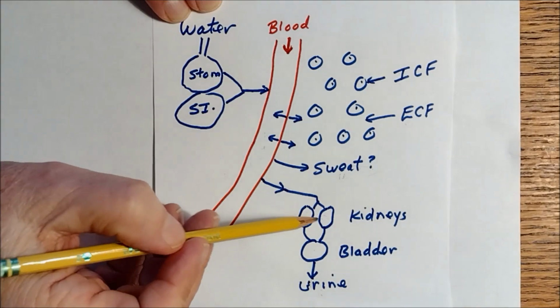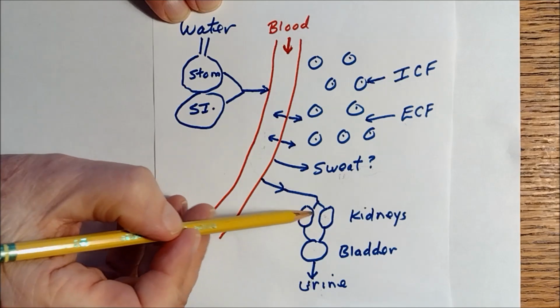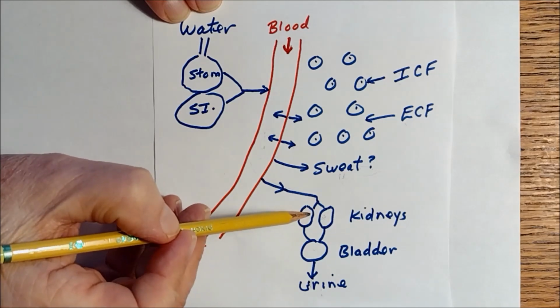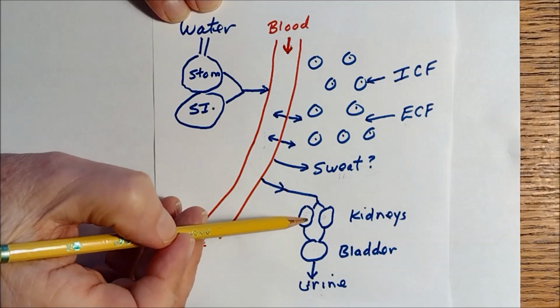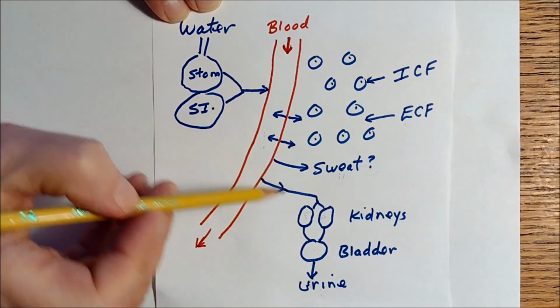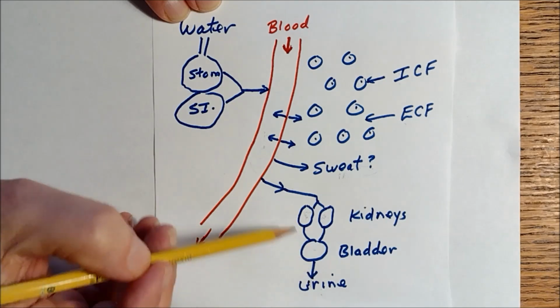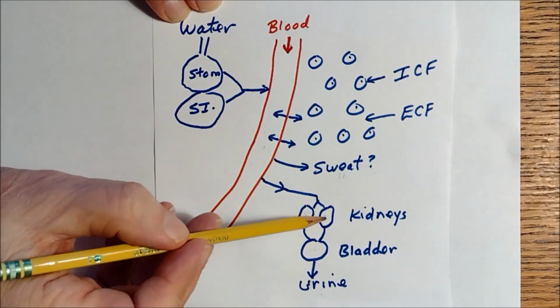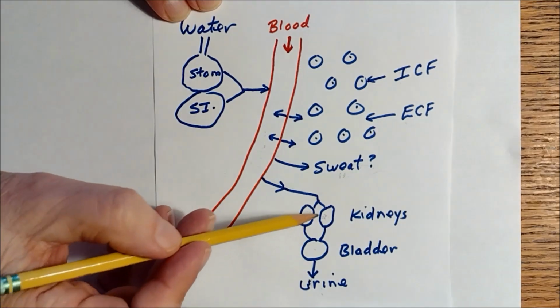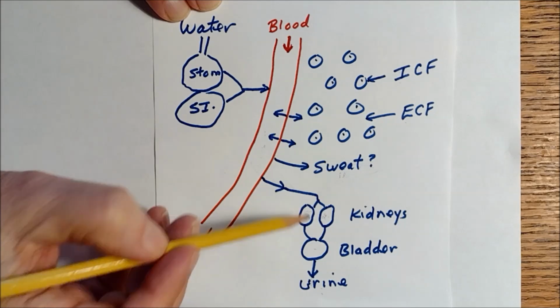So when the plasma filtrate flows through, the kidneys have to decide how much water needs to be taken out. Should water be returned to the bloodstream, or should it be made into urine? And that's a decision that kidneys make every day in determining how much water to take out and how much to leave in the body.